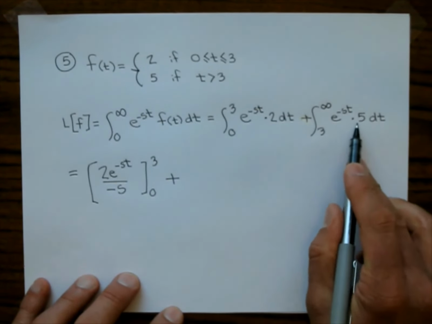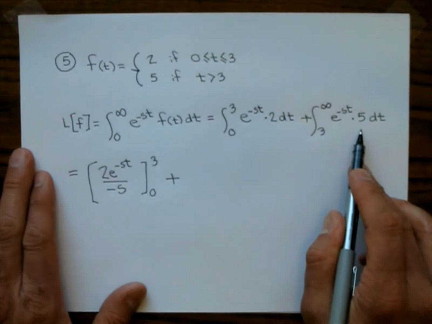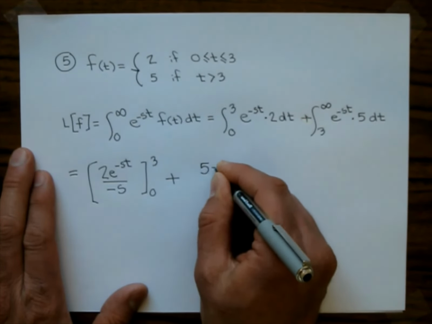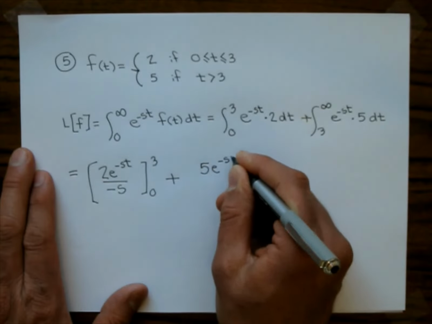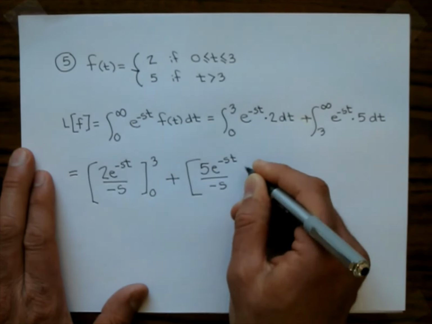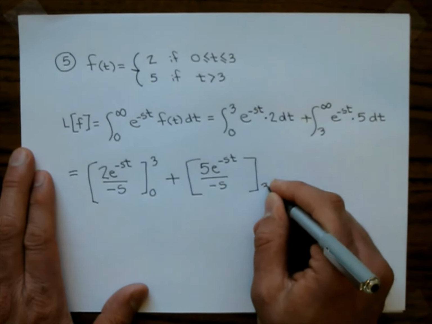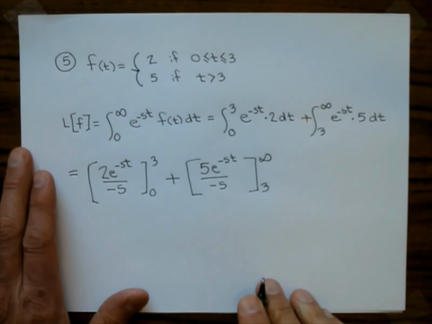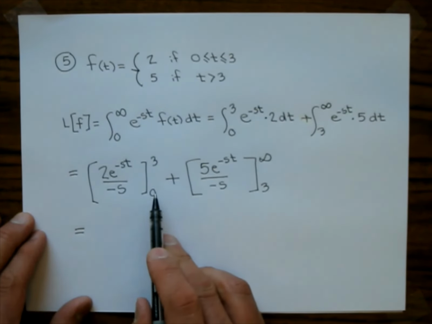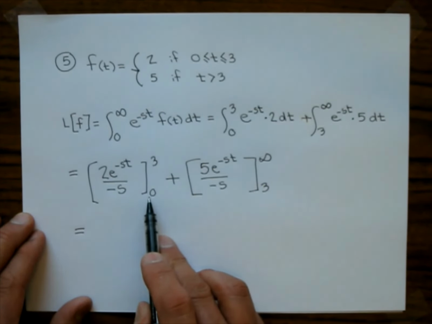Now, by the same integral techniques, I'm going to go ahead and write out this one. It's going to be 5e to the negative st over negative s, and this gets evaluated from 3 to infinity. Okay, now I'm going to put these values in for t.